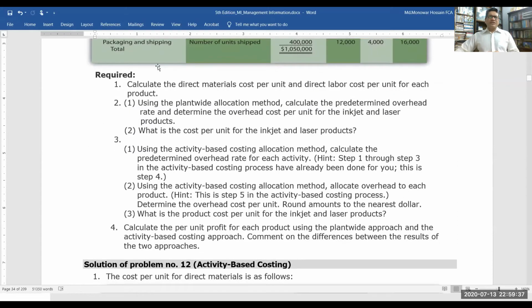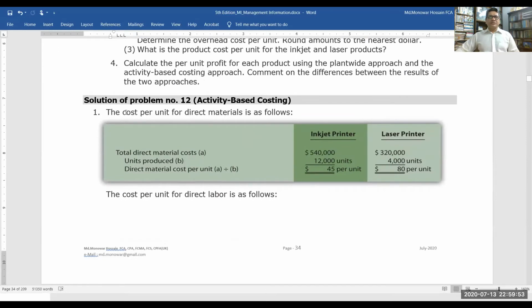So the requirement is to calculate the direct material cost per unit and direct labor cost per unit for each product. So let's first do it. Look here.